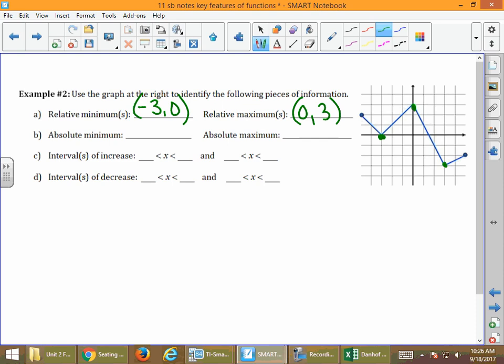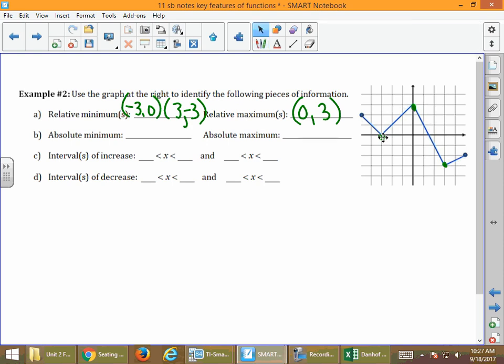But we also have a point to the right, again at a valley. Its ordered pair is (3, -3). And it's going to be a relative minimum. Not a max, it's a min. I don't know if I want to put square brackets on there or not. Maybe I'll write smaller. (-3, 0) and (3, -3). There, that's better.